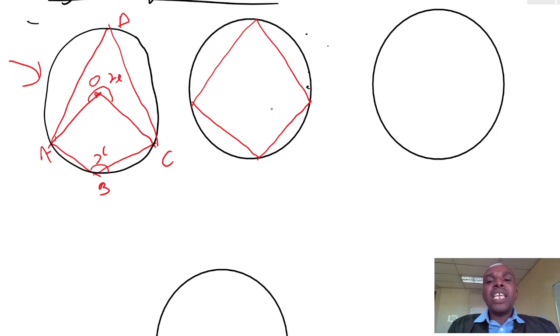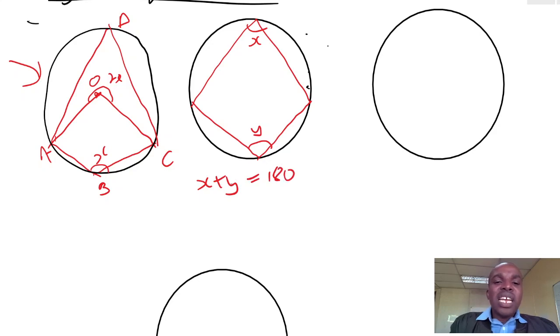Right, then there are two theories that are associated with angles in a cyclic quadrilateral. Theory number one: if you have this angle x and this angle y, we can say x plus y is equal to 180 degrees. Basing on what?